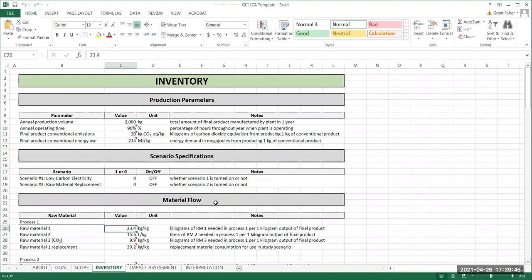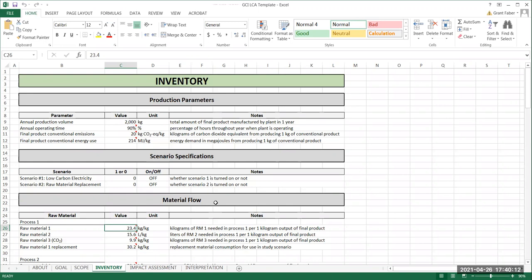And now the reason for this is to essentially keep things a little cleaner, just to kind of separate these things out. But mainly it's because the inventory parameters may need to be changed by someone at a later date, or they may need to be changed by someone who is not the actual person who designed the model, in which case it's important that formulas are not being erased or being changed.